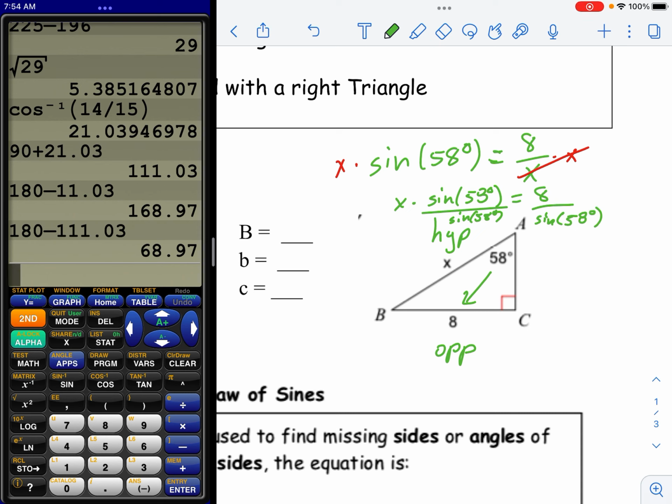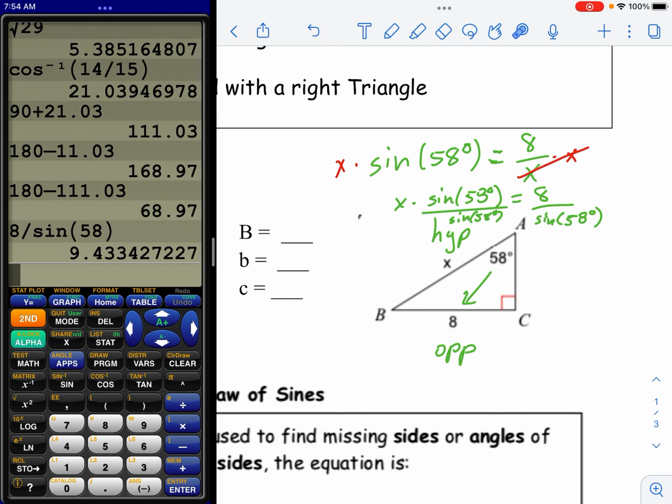Long story short, when the x is on the bottom, you end up doing this divided by this. So 9.4. Let's just round it to that. And what we just found is across from angle C, so it is side C, lowercase c.